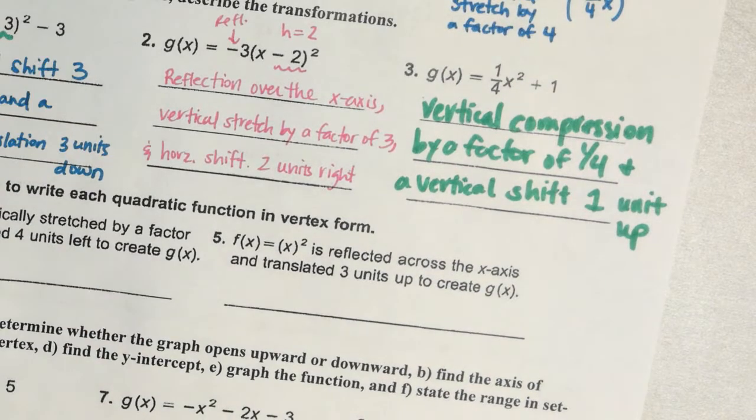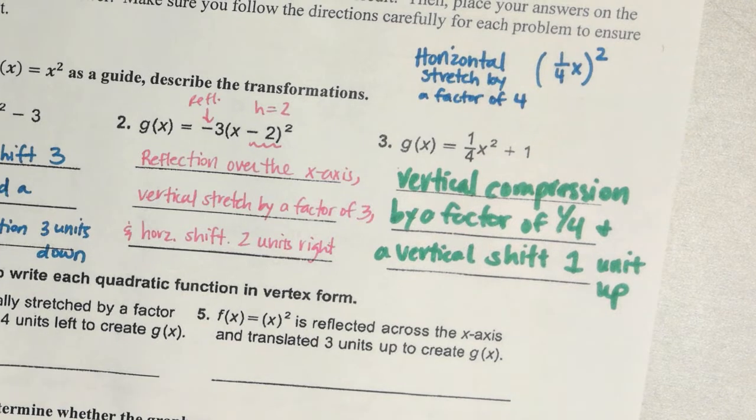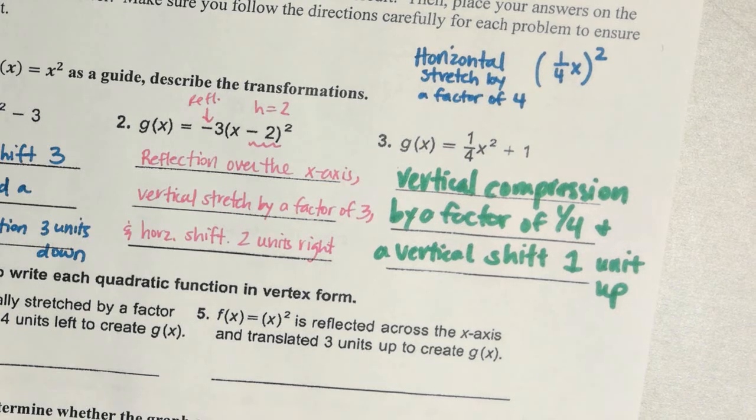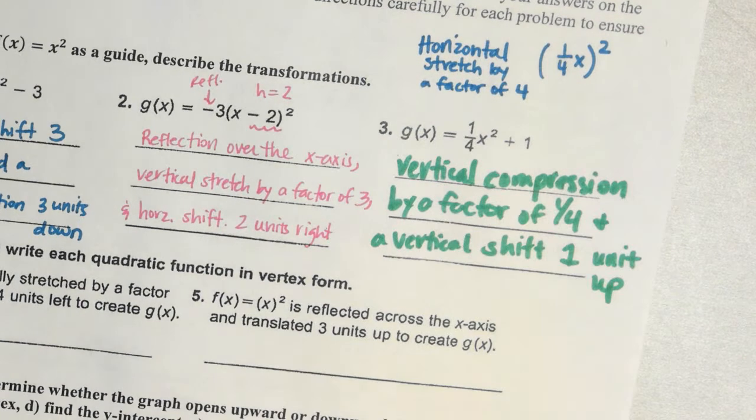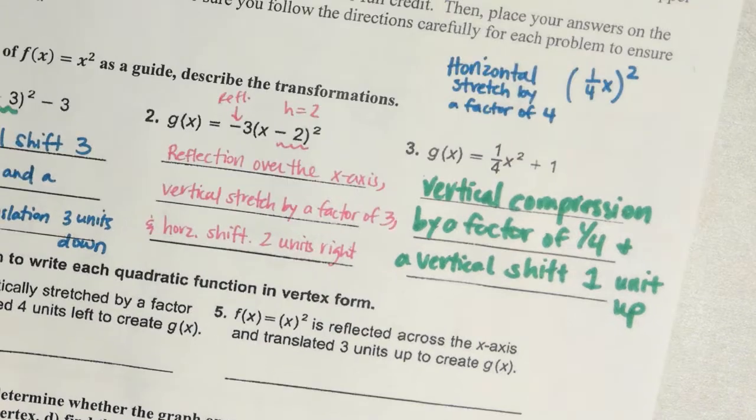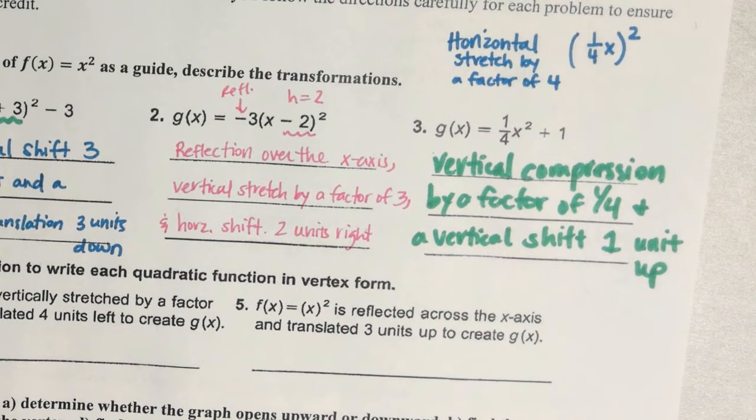Okay, and I'm not sure if you guys remember, but when we went over our quiz, we had something similar to that. Okay? So it's inside and you take the reciprocal. So that's the difference between the vertical and the horizontal. Okay?